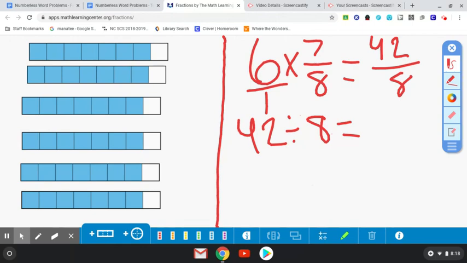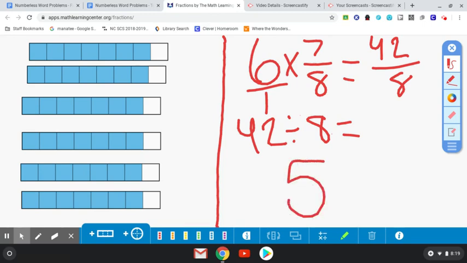So I can start with 8, 16, 24, 32, 40. Well, if I get to 48, that's going over. So the closest I can get is 40, and that's skip counting 5 times. So 8 times 5 is 40, so 5 becomes my whole number.